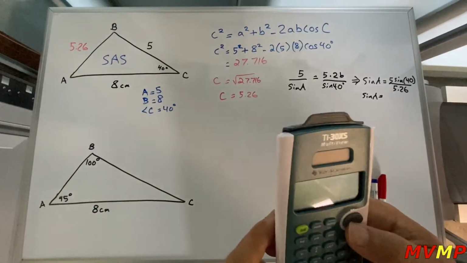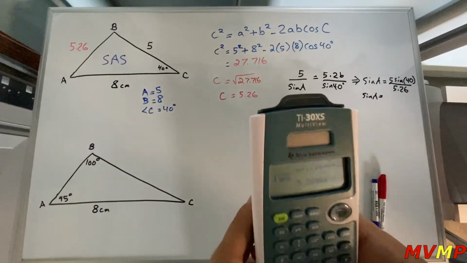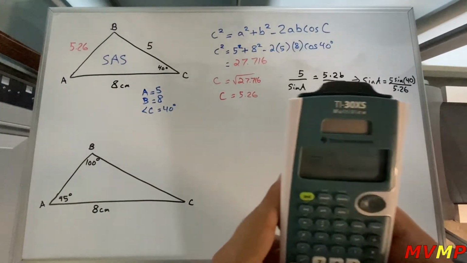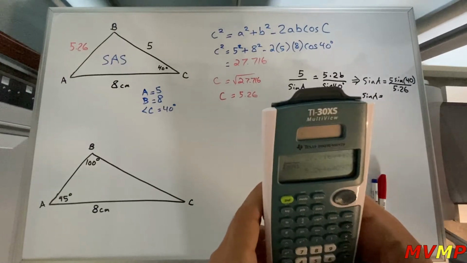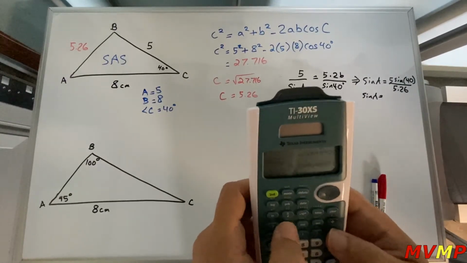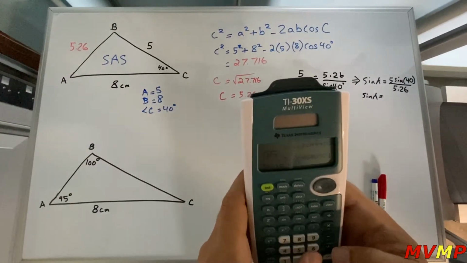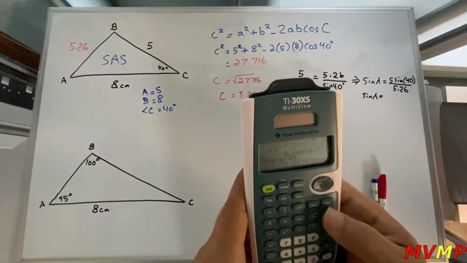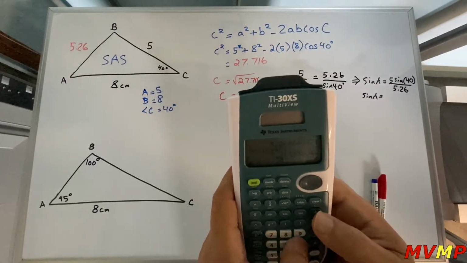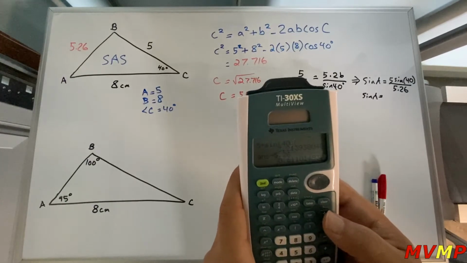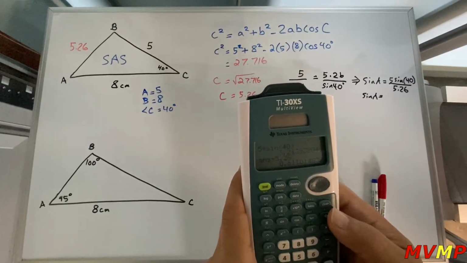So now we are going to go ahead and do that. So I will do 5 times sine 40, enter, divided by 5.26, and we get 0.611.